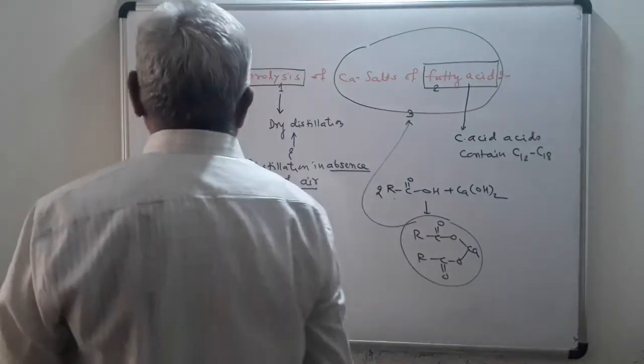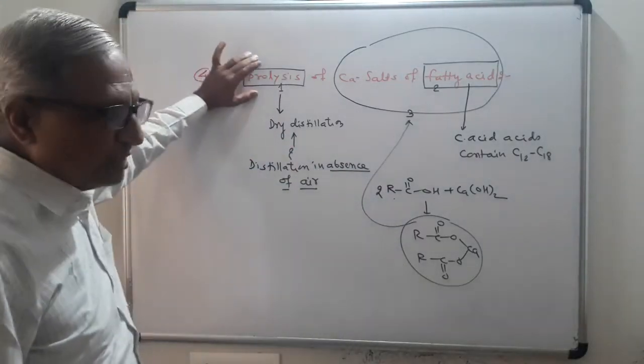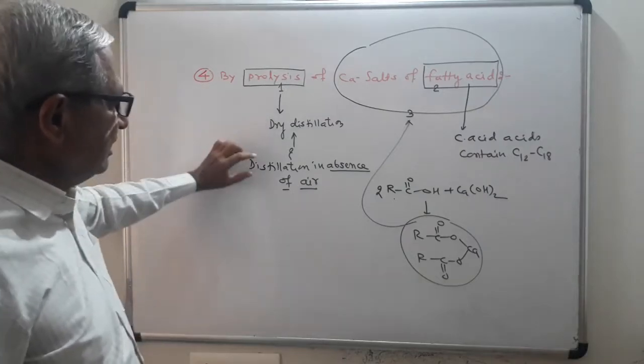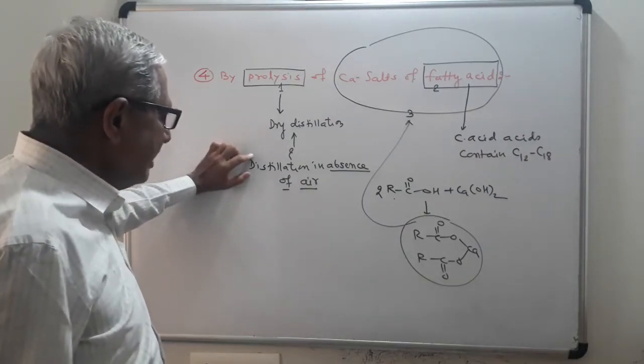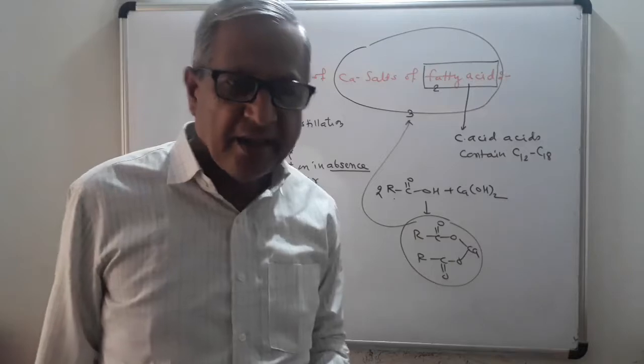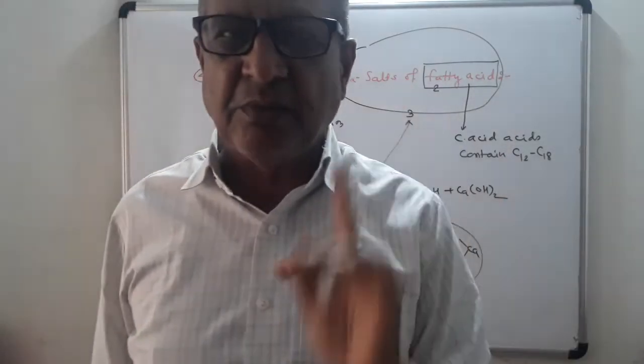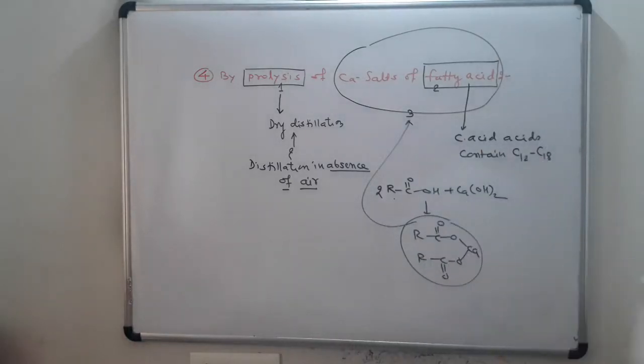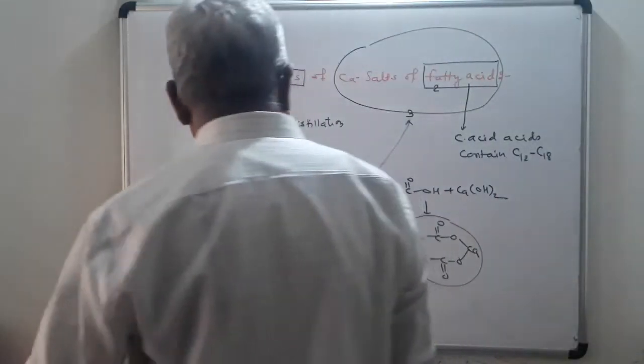So I prepared the questions only on the title. Pyrolysis means dry distillation, that is distillation in absence of air. Why? Because aldehydes are susceptible to oxidation. They are immediately converted to carboxylic acid. Therefore, that reaction takes place in absence of air.